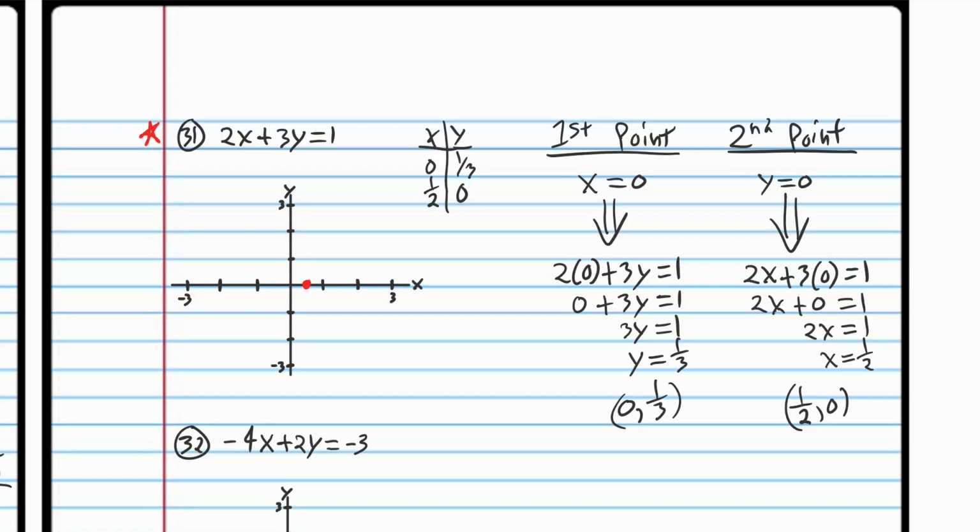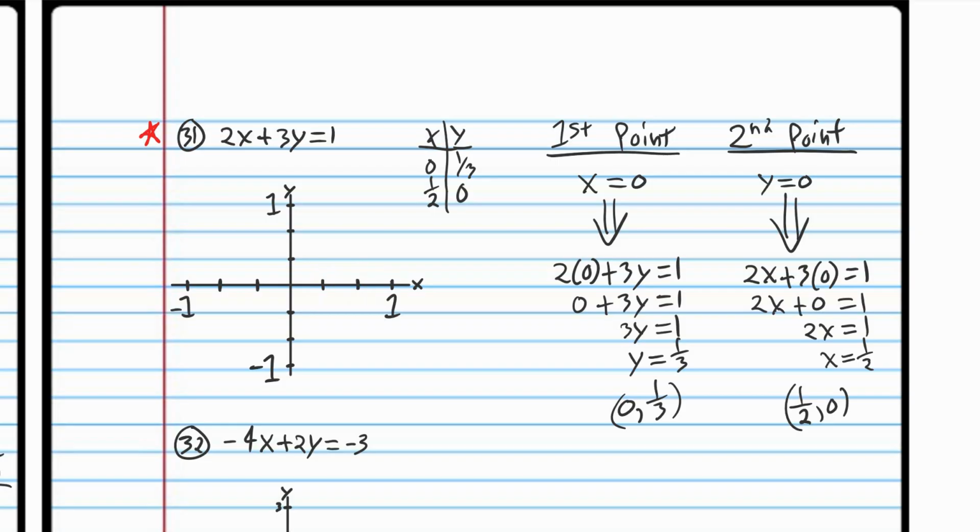So what I'm going to do is try to space these out by changing the scale of the graph. So I'm going to change it so this is 1 here, and then each one of these divisions would be 1/3. So 1/3, 2/3, 3/3. 3/3 is 1.